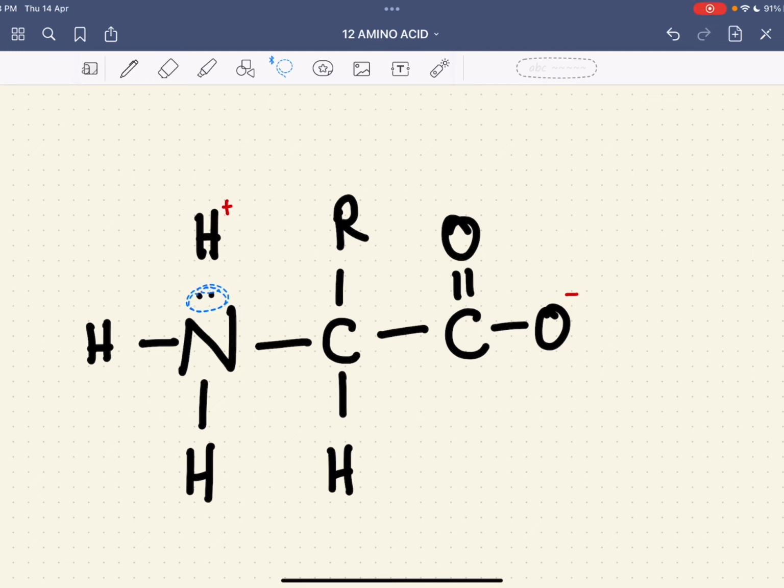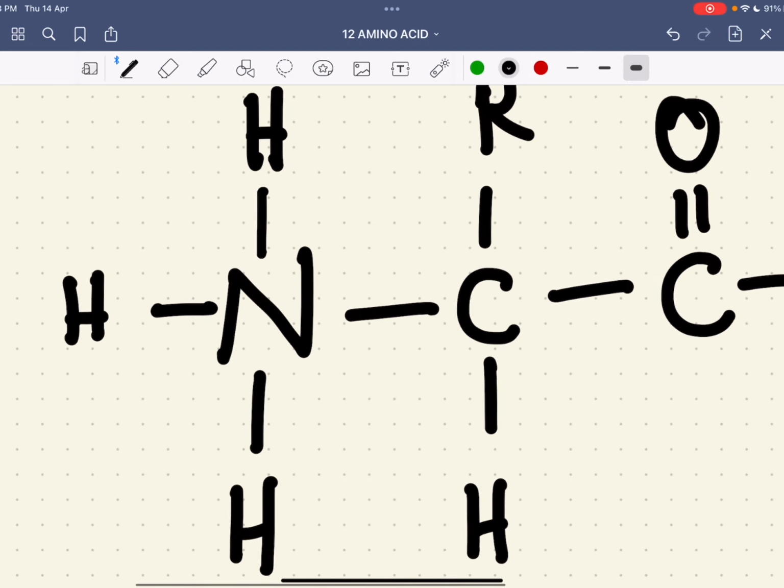So since we have H plus here, it will transfer to this side, and the lone pair here will form a bond. When it forms a bond, of course there will be no charge. And what happened? Our N here will have 1, 2, 3, 4. We know N has 5 valence electrons, right?